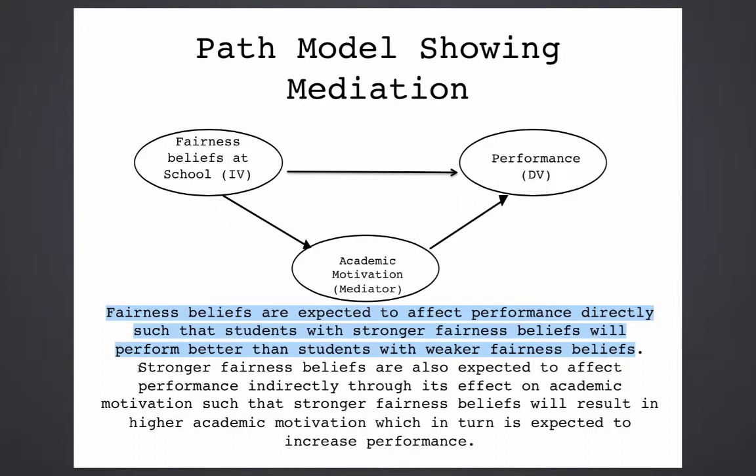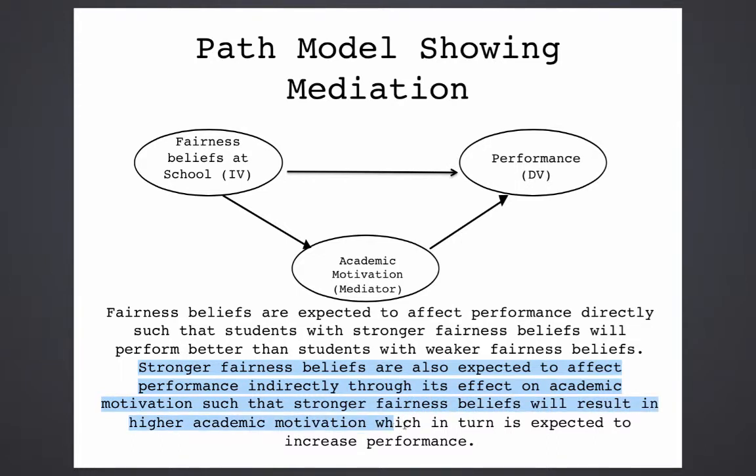Then it goes on to say that stronger fairness beliefs are also expected to affect performance indirectly through its effect on academic motivation, such that stronger fairness beliefs will result in higher academic motivation, which in turn is expected to increase performance. So it took two really long sentences to state the hypothesis that describes this theoretical model.